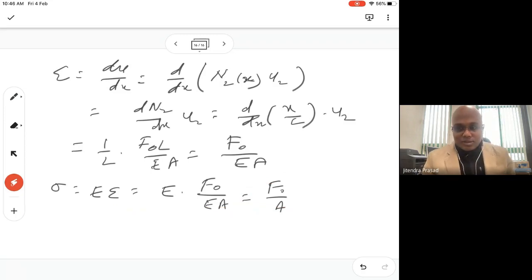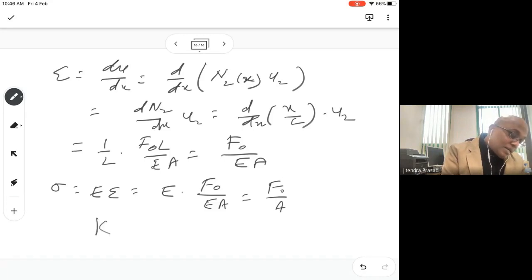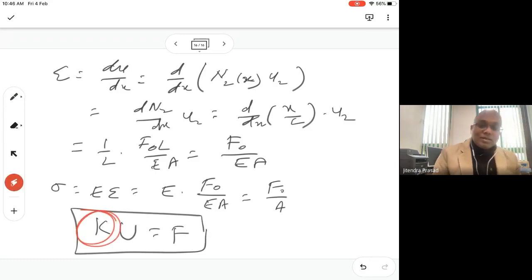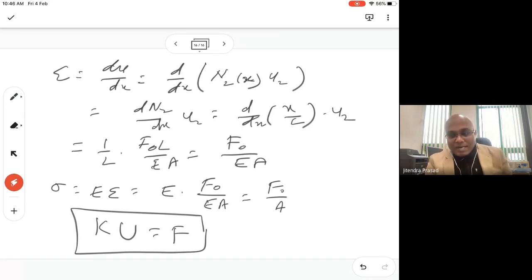Still, we have not got K U over F type of thing, stiffness, how the stiffness comes into the picture. We have to connect it now. Whatever we have done so far in chapter 2, we looked at Ku equal to F. It's not that we just do it there and we forget it. No, there is a meaning to it. We will come back.